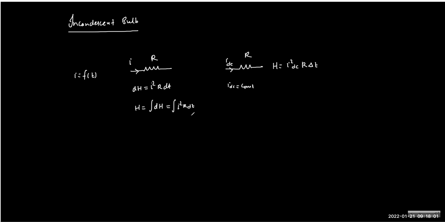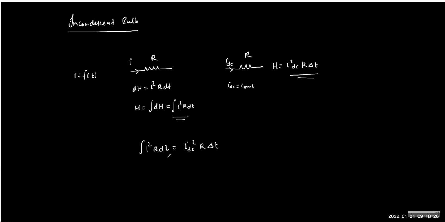So now I want these two energy dissipations through the resistor to be equal. So if you equate these two values, what do you get? I squared R dt equals I_DC squared R delta t.